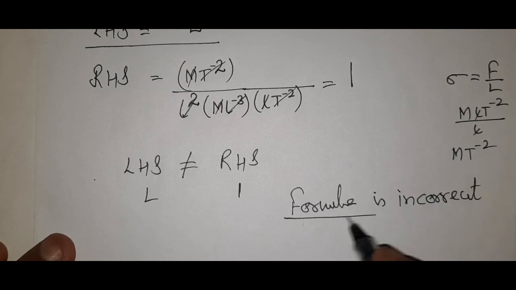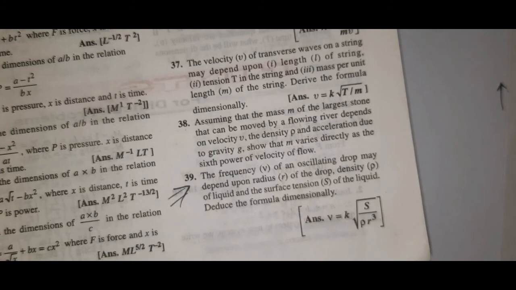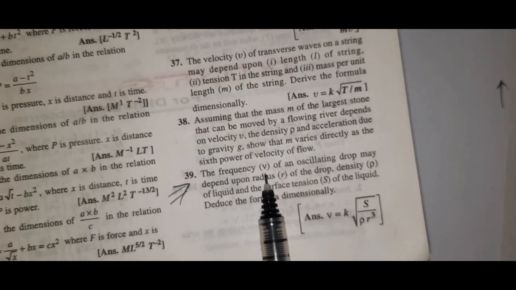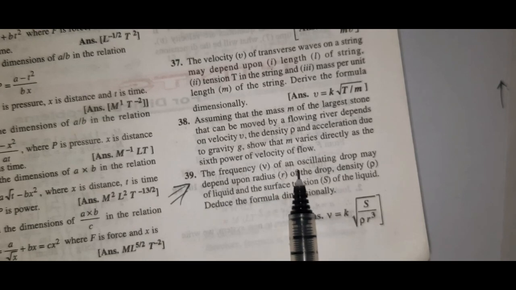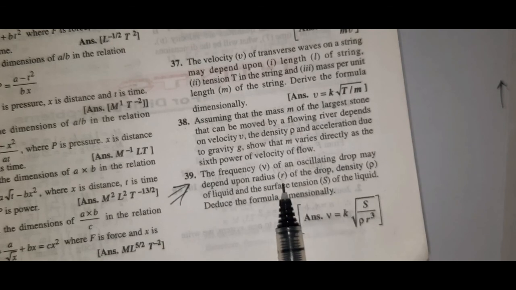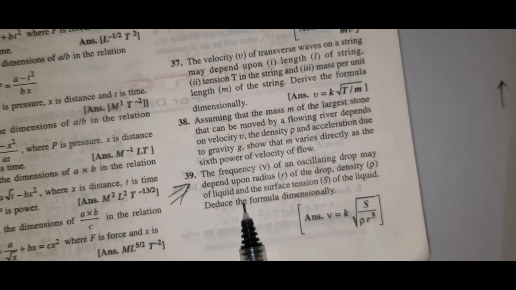We just have to check the validity of the principle of homogeneity. Fine. Hope this is clear. The next situation as given is: the frequency nu of an oscillating drop may depend upon radius r of the drop, density rho of the liquid, and surface tension S of the liquid.